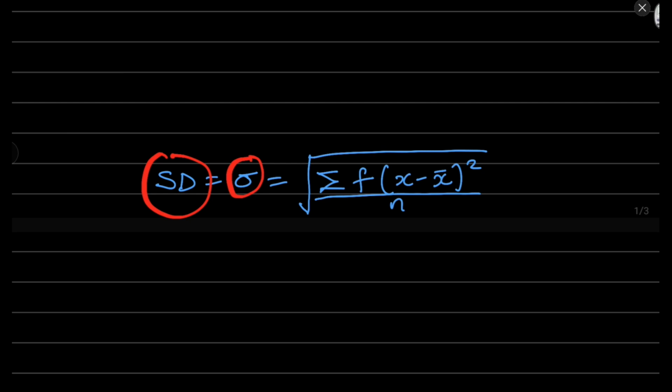The only difference between this formula and the previous formula, that is the formula for standard deviation of a simple series or a set of values, is the introduction of f, and that's because we are dealing with a frequency distribution this time around. However, every other thing remains the same.